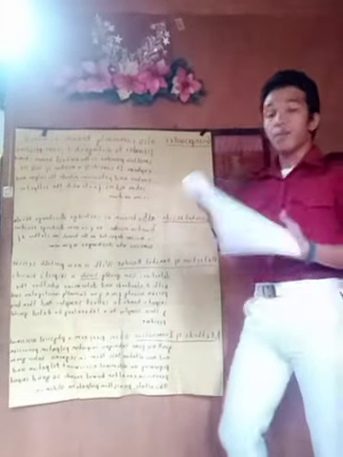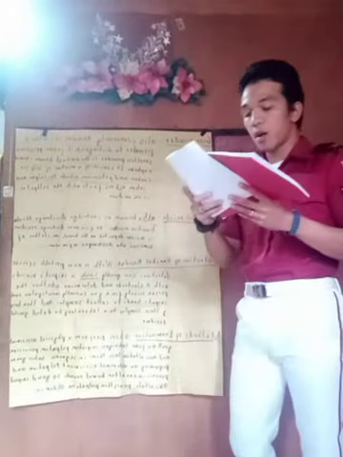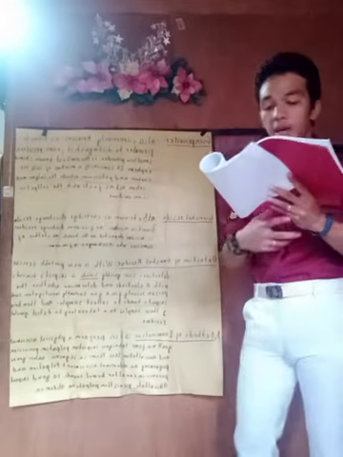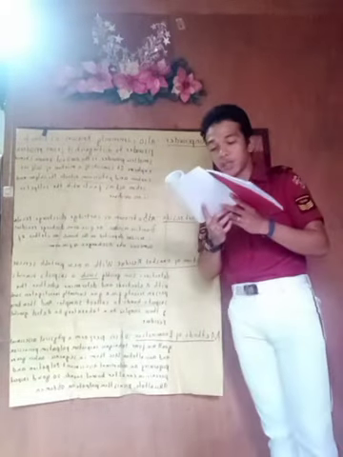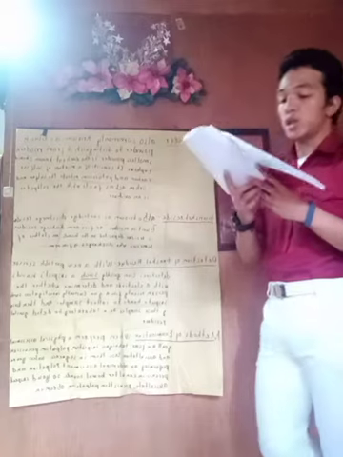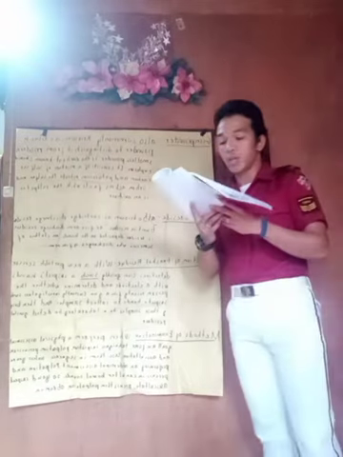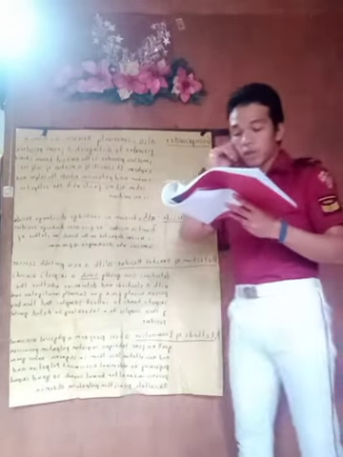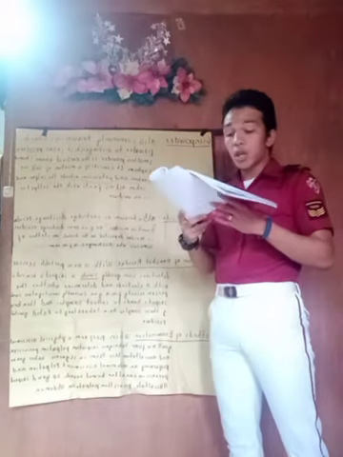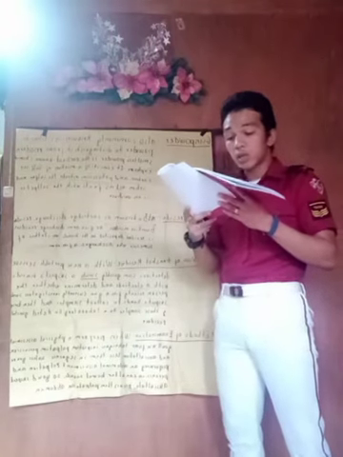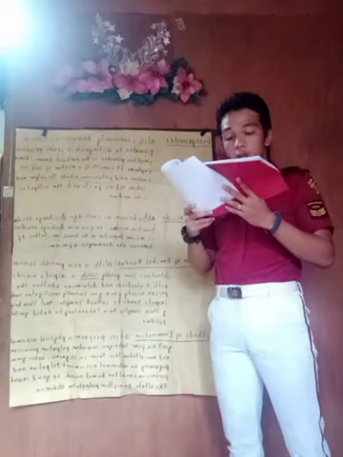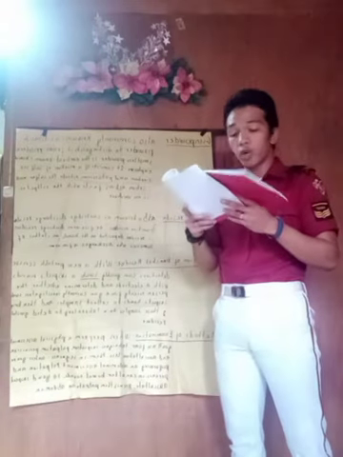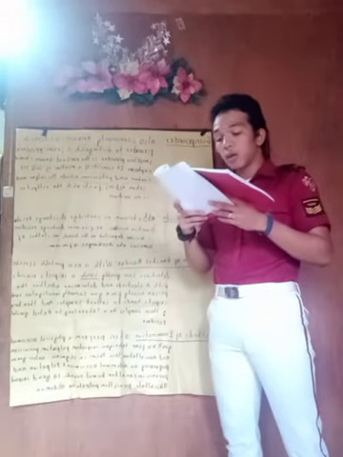Types of gunpowder. Number one is single base, when the basic ingredient is nitrocellulose. Number two is double base. What is double base? Nitrocellulose plus 1 to 40% nitroglycerin.